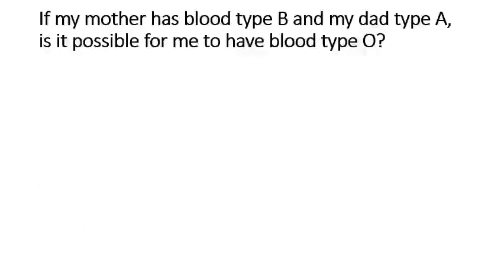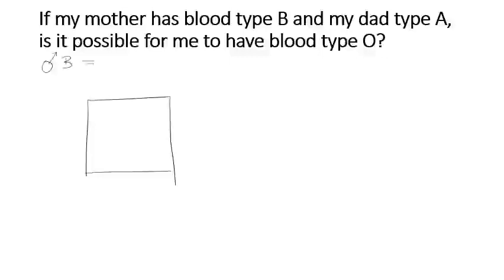If my mother has blood type B and my dad type A, is it possible for me to have blood type O? Now this is a tricky one. Firstly, we need to look at the different types of blood. They said that my mother has blood type B. So let's draw. Mom is a B blood type.